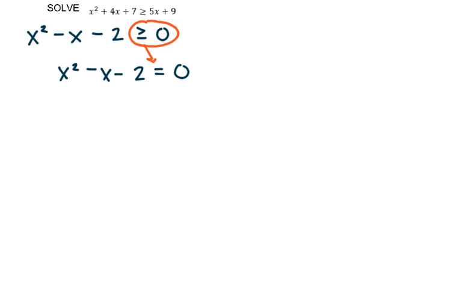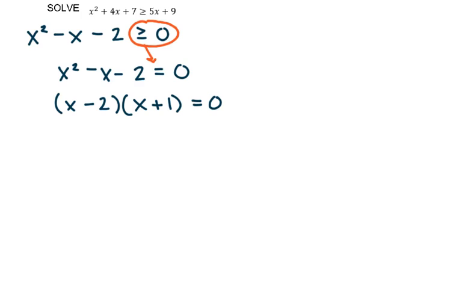Most of the time, the quadratic equation you get here should be easily factorable. In this situation, I can say I got x minus 2 and x plus 1 is equal to 0.